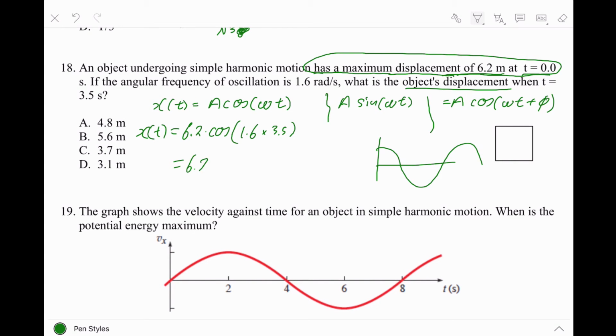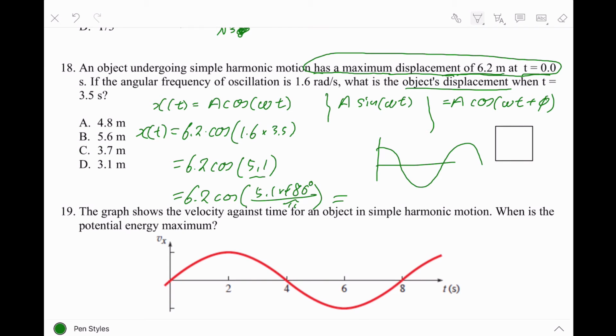So this is easy. This is 1.6 multiplied by 3.5, so you get 5.1. Now be careful what the 5.1 is. It's radians. As I always say, make sure you convert this into degrees if you leave your calculator in degree mode.